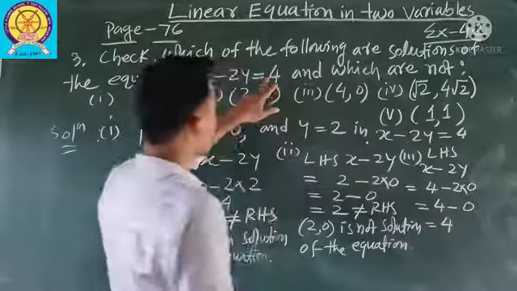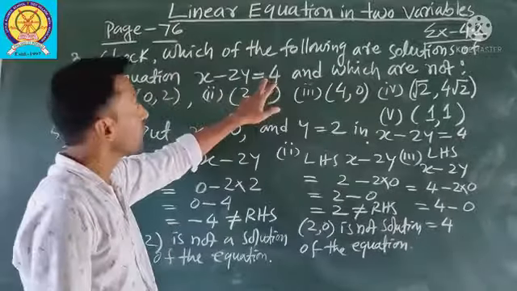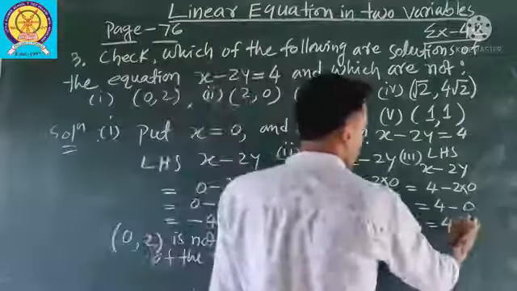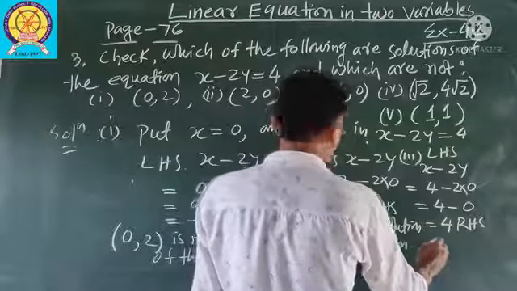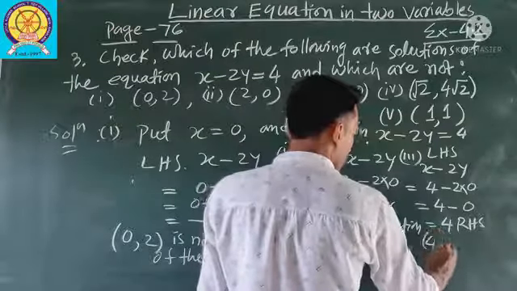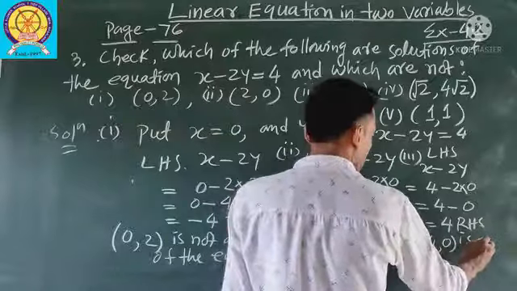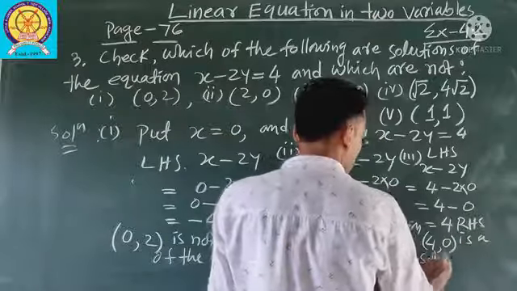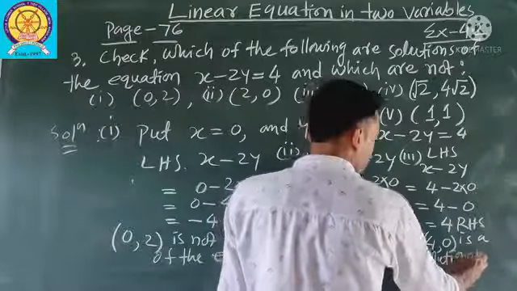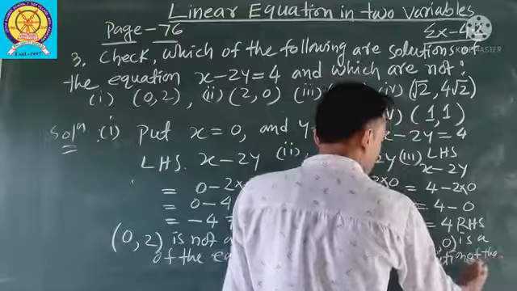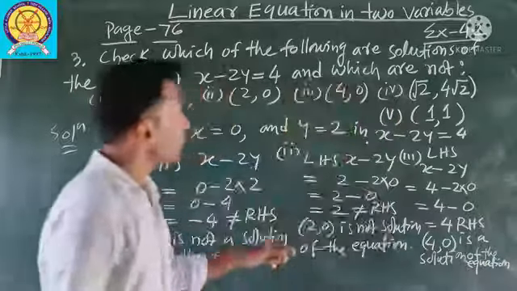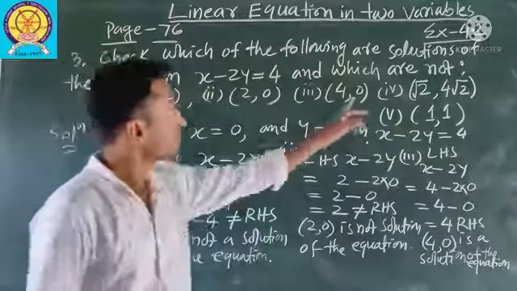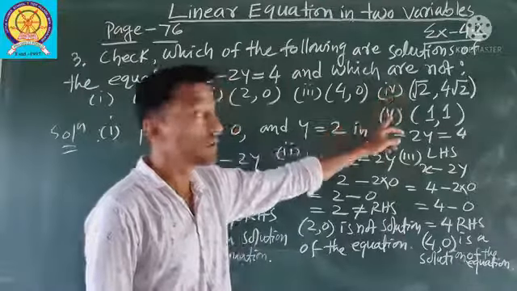The right hand side is 4, which is equal to the right hand side. Therefore (4, 0) is a solution of the equation. In the same way, we check number 4 and number 5.